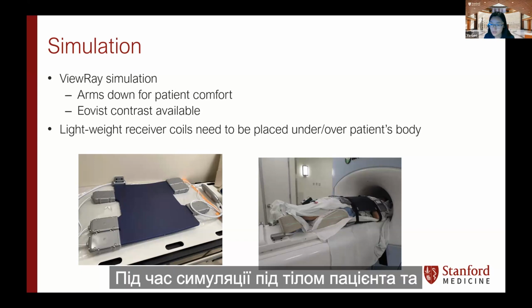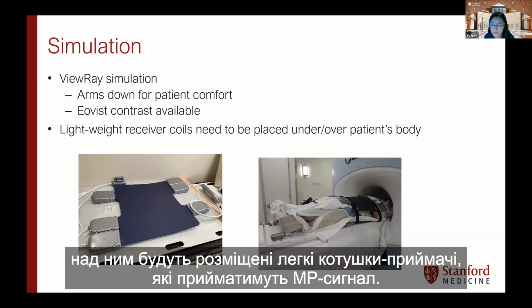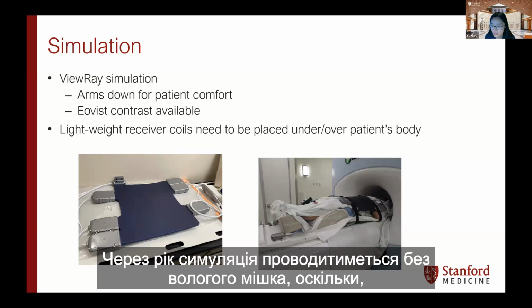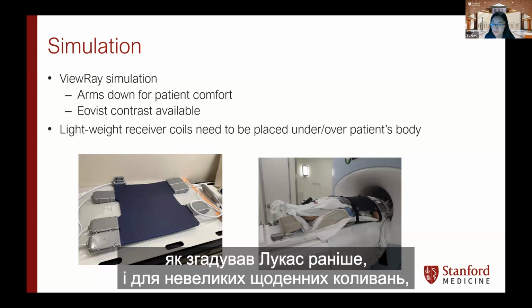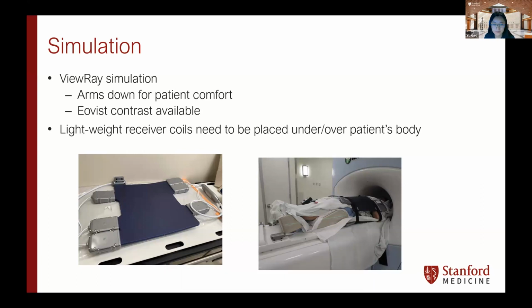During the simulation, there will be lightweight receiver coils placed under and over the patient body to receive the MR signal. Usually, the simulation is done without a wet bag because, as Lucas mentioned earlier, the small day-to-day variation will be taken care of by the adaptation.